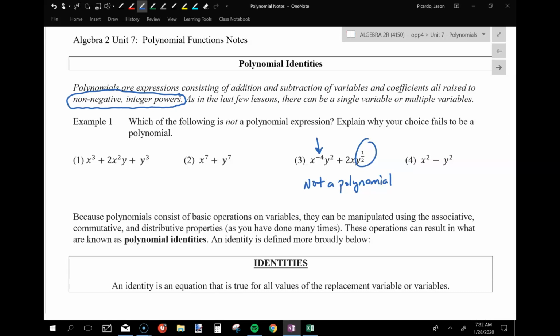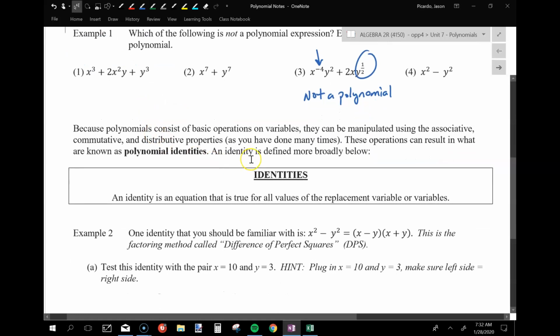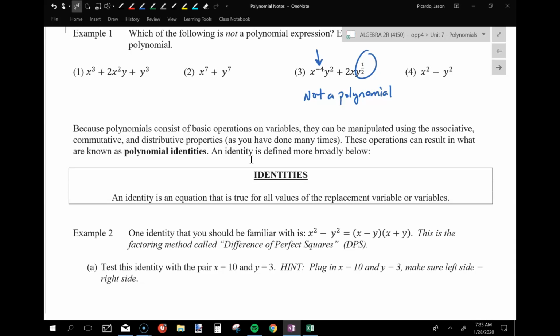All right, so here's the next phrase, identity. Identity means that one side of an equation is the same as the other side of the equation. Now, when I say the same, it means they have the same value. They may not actually look like the same polynomial.